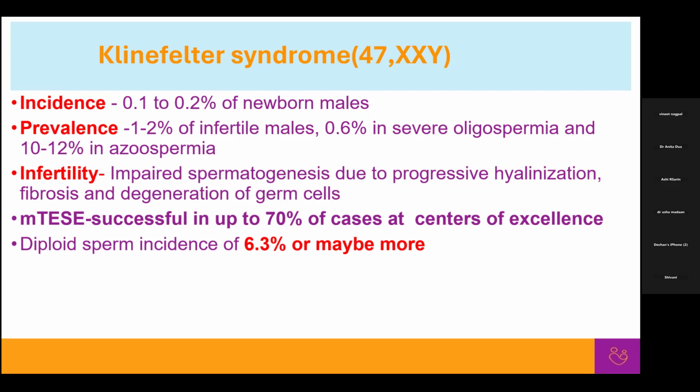That would be leading to the sex chromosomal aneuploidies later on. That is why PGTA is advisable in these cases. PGTA is the preimplantation genetic testing for aneuploidies. I will be discussing these in detail in my later slides. So for aneuploidies, we usually advise PGTA in Klinefelter syndrome.